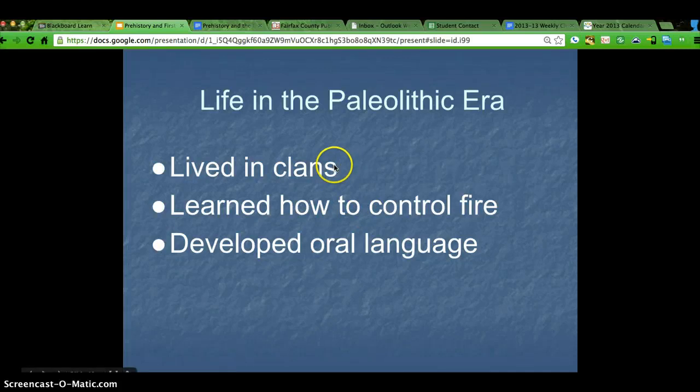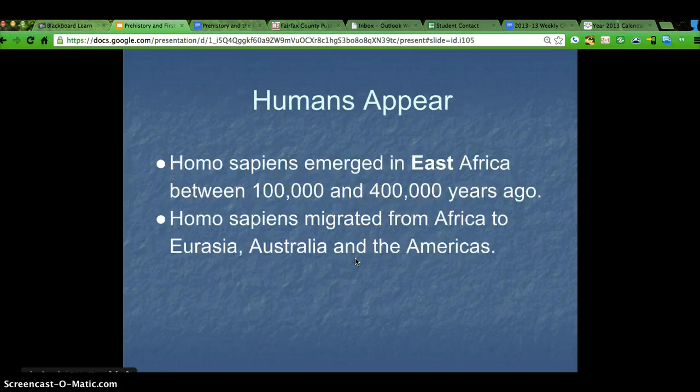They live in clans, which means small groups, extended families. They're controlling fire, but they can't build it. So if lightning strikes, they can take the fire and use it, maybe to cook, keep warm, but they can't start from scratch. They're starting to speak in some kind of oral communication.